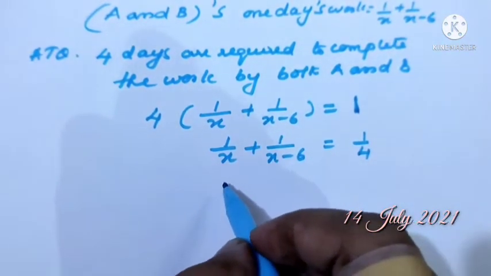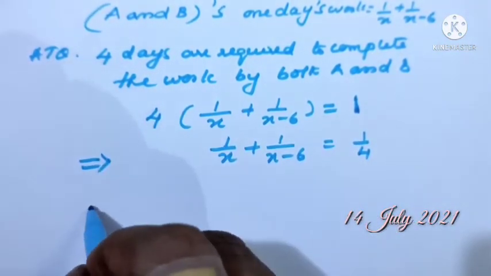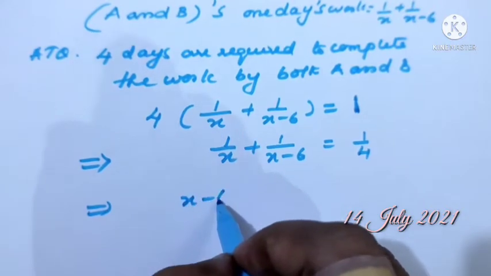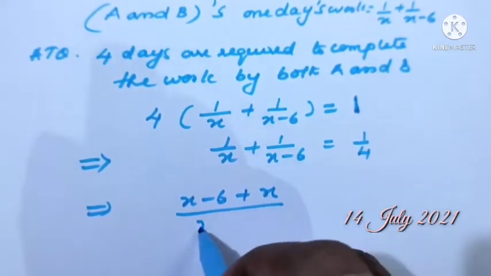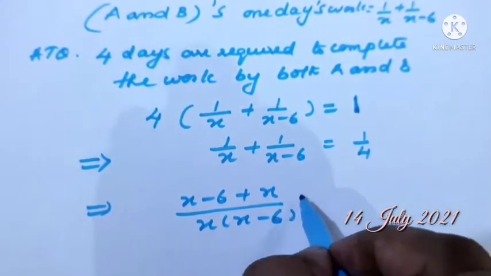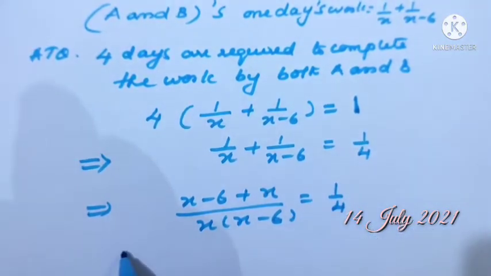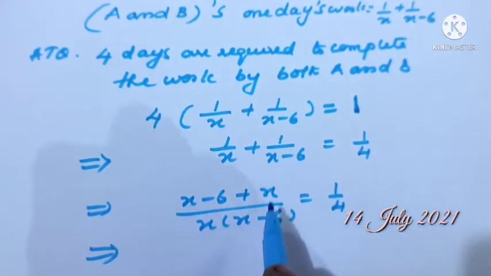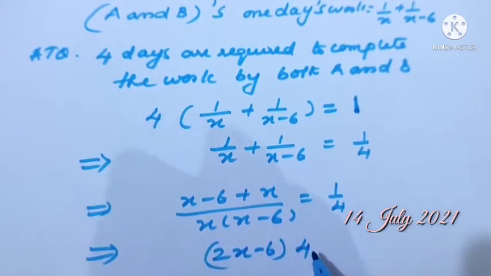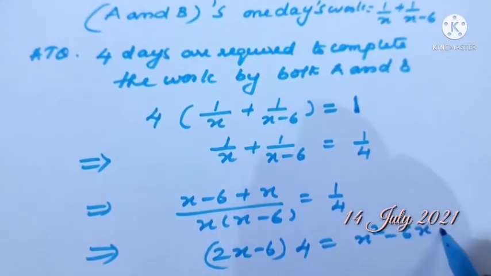Now take the LCM. x minus 6 plus x divided by x into x minus 6 equal to 1 by 4. So x and x means 2x minus 6. Cross multiply, 4 will come here, 1 into x square minus 6x.